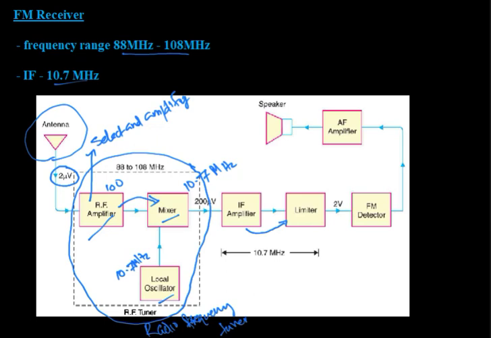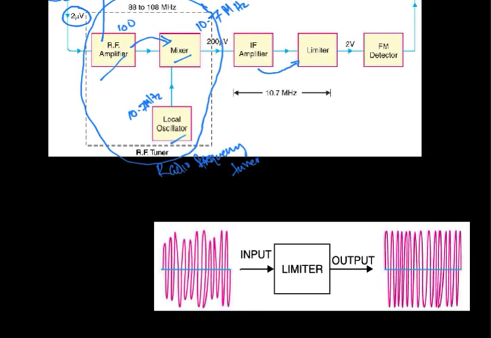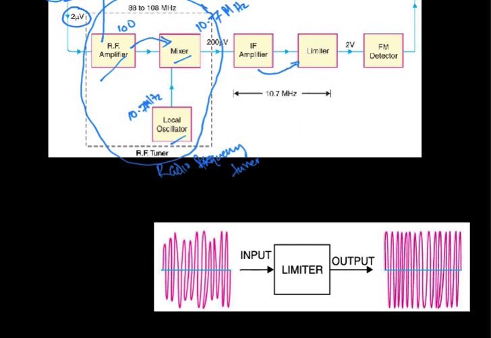The function of the limiter circuit is that any amplitude variations present in the radio wave are limited or eliminated by this circuit. To understand that, consider this diagram. This is the signal given to the input of the limiter circuit, which has both amplitude and frequency fluctuations. But in the case of FM, these amplitude variations or amplitude modulations are undesired.